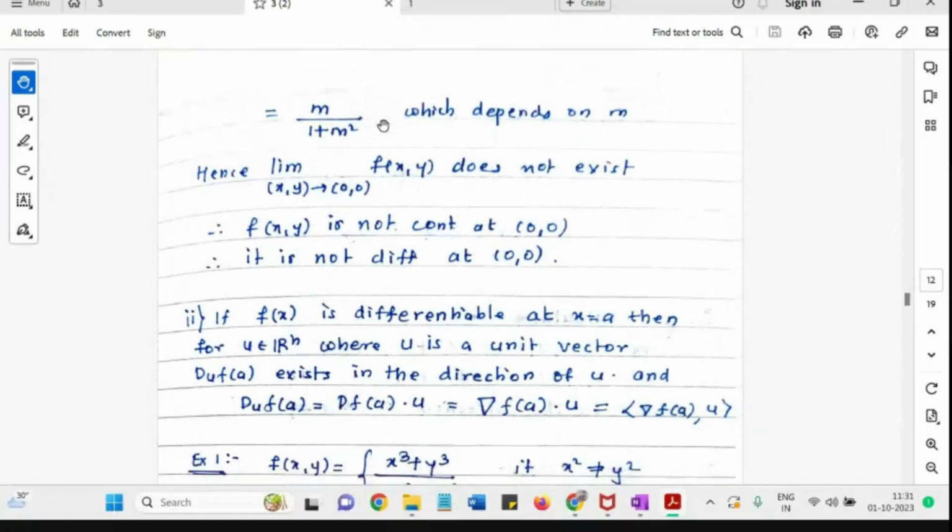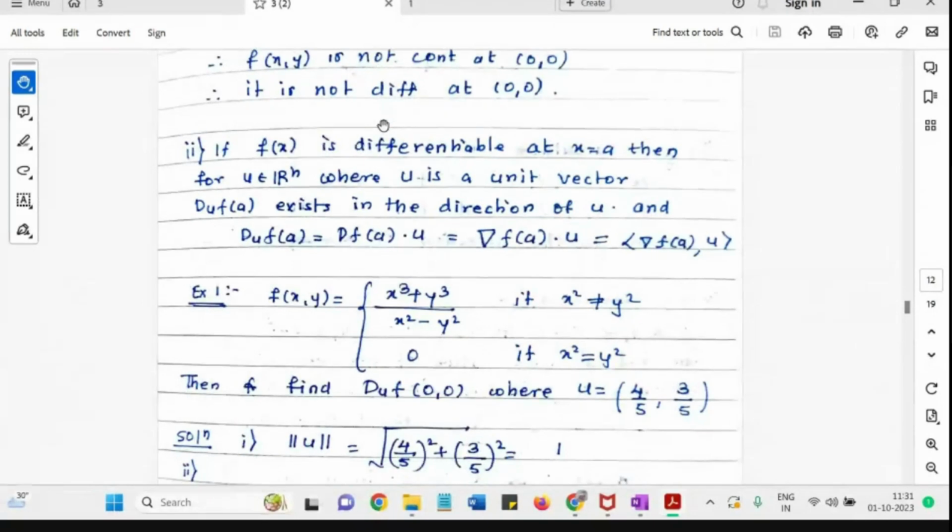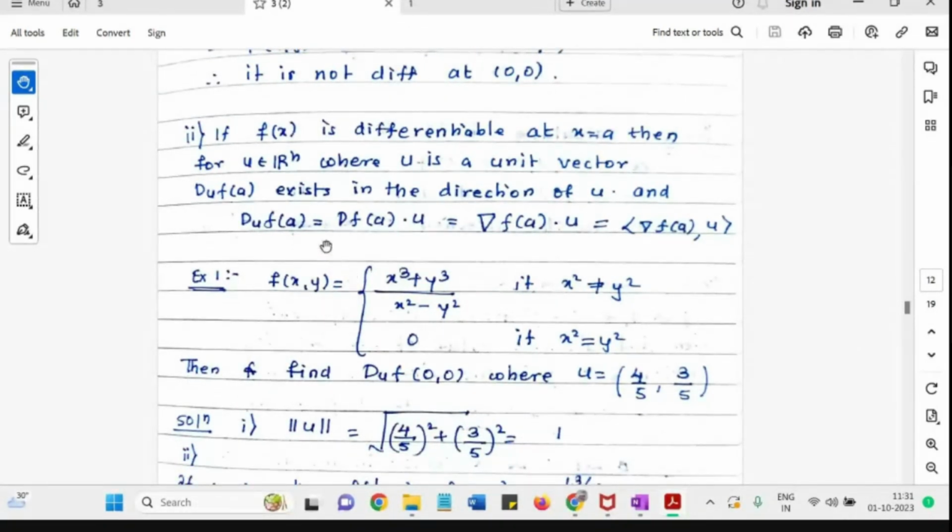Now, going down, there is a beautiful relation that the total derivative or the gradient shares with the directional derivative. Here is an interesting result: if f is a differentiable function at x equal to a, and u is a unit vector, then the directional derivative exists in all directions.